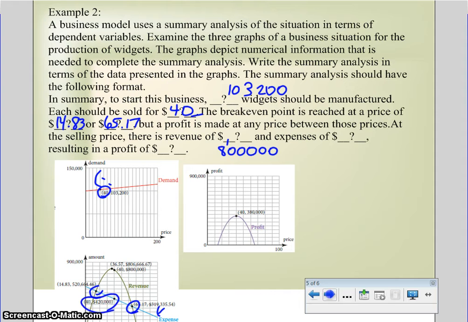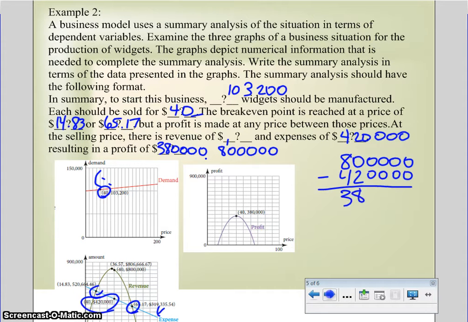Expense was 420,000, resulting in a profit of 380,000. And I got the profit by taking the revenue, which was the 800,000, and subtracting my expenses at 420,000, which gave me the 380,000. And that breaks this out.